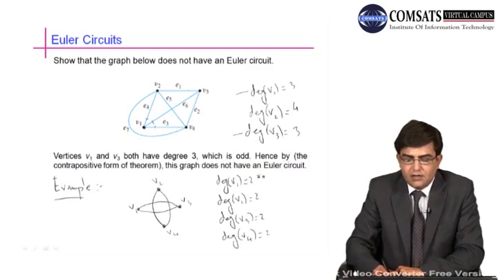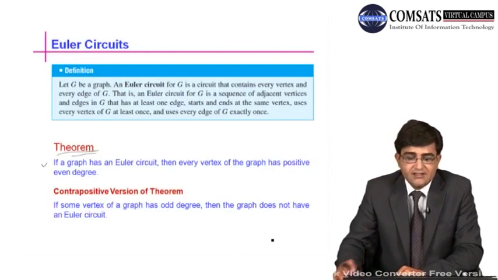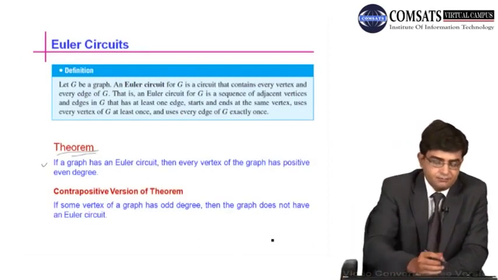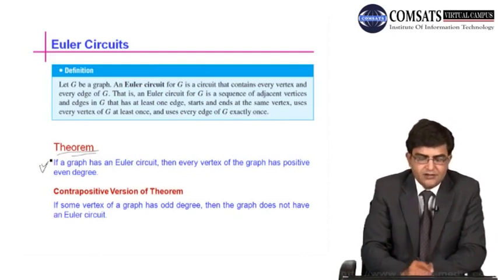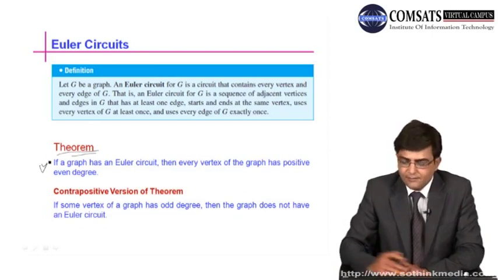Now every vertex has even degree. So according to this definition and according to this theorem, if a graph has an Euler circuit, then every vertex of the graph has a positive even degree.